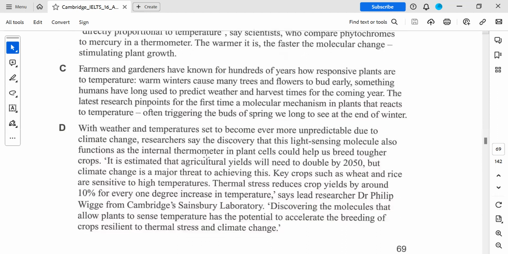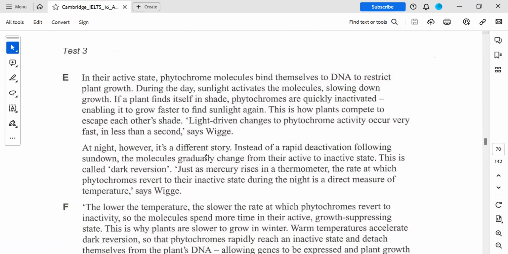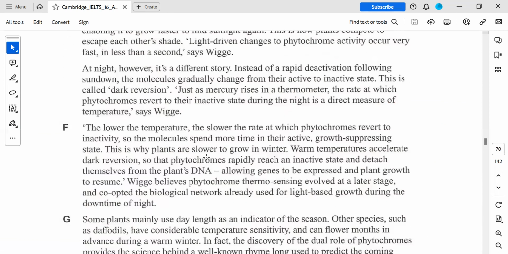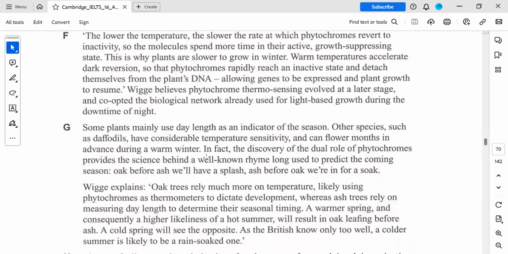I think this would be there somewhere. Traditional saying, there will be something about it. As a traditional saying, yeah. See this, G. Oak before ash, we'll have a splash. Ash before oak, we are in for a soak.